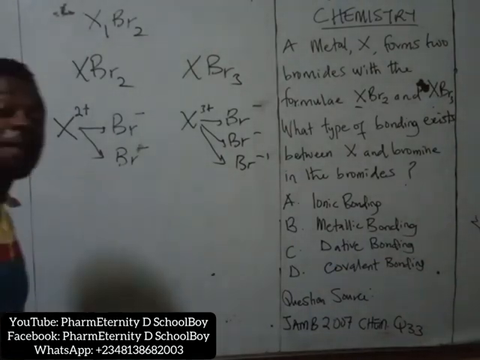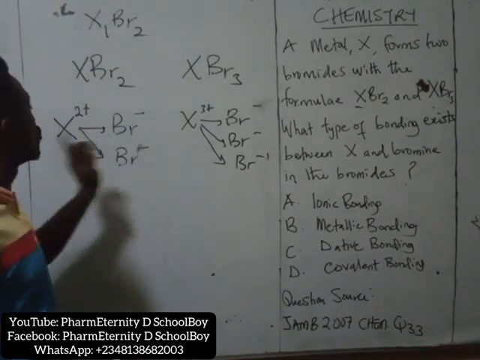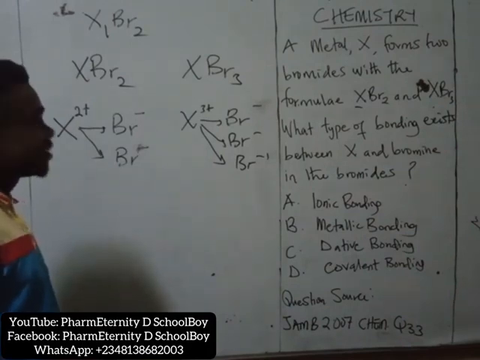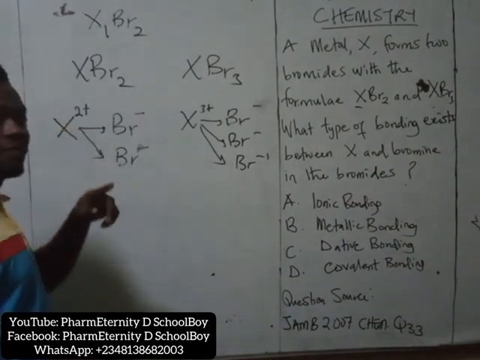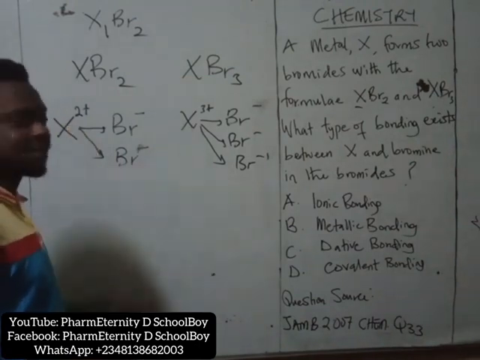So what it also implies is that X has 2 oxidation states. We have two valence states, plus 2 and plus 3.